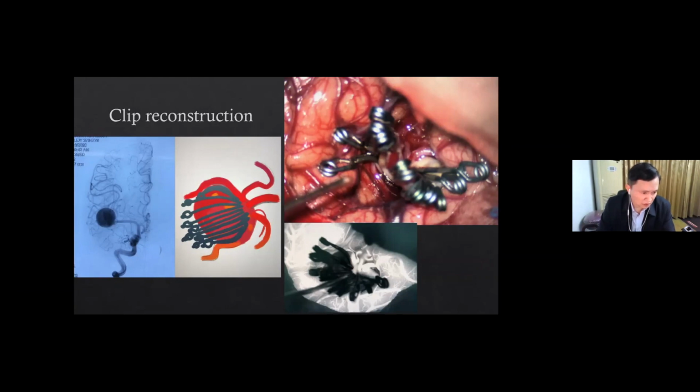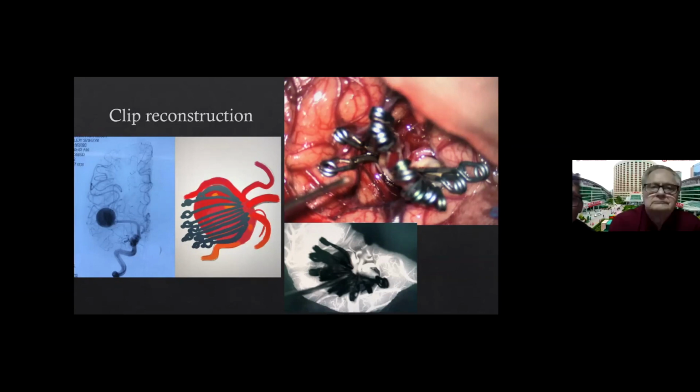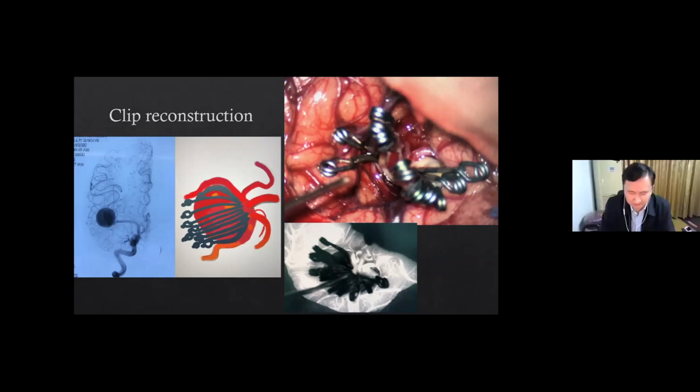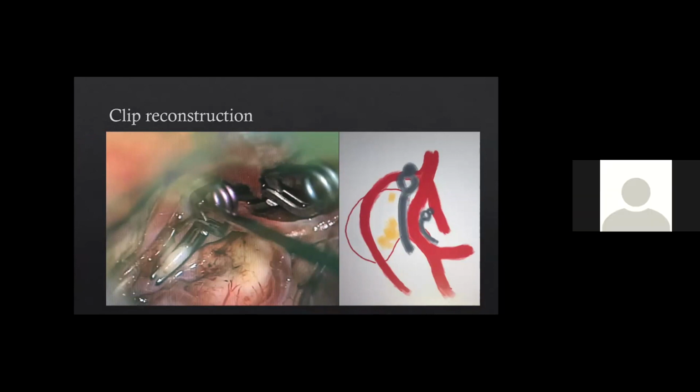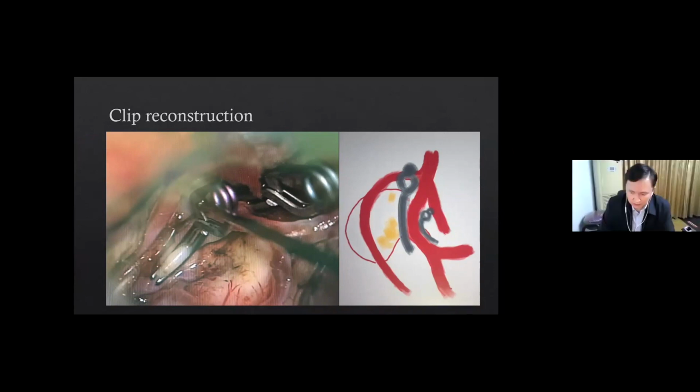Like this patient, I used 11 clips to reconstruct the vessel cavity. In this patient the aneurysm involved around 300 degrees of the vessel wall, so I used one clip on the backside and one on the frontal side to reconstruct the vessel cavity.